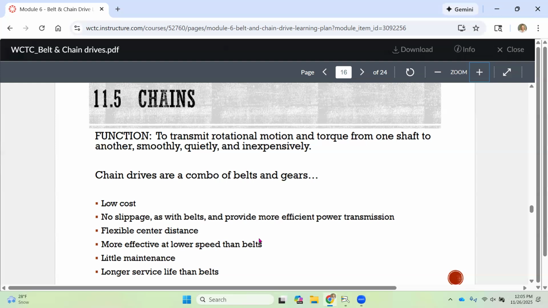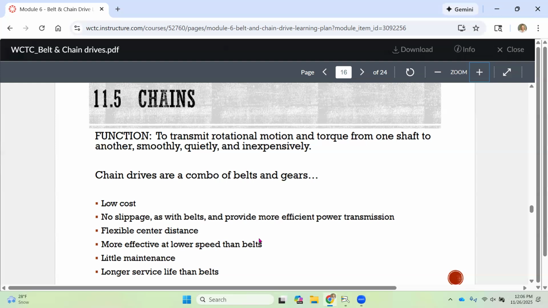It also has that flexible center distance option. As I said earlier, with gears, we're locked into the size of the gears and where their center distance is going to be. When we have belts and chains, we can move those center distances and adjust those to maybe customize exactly what we're trying to achieve.